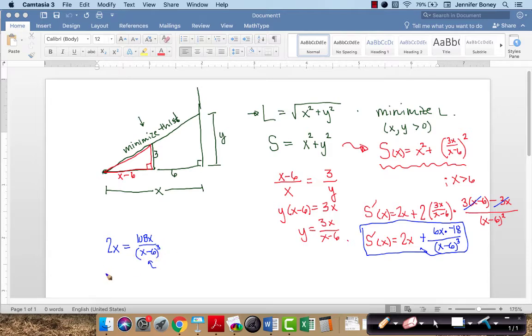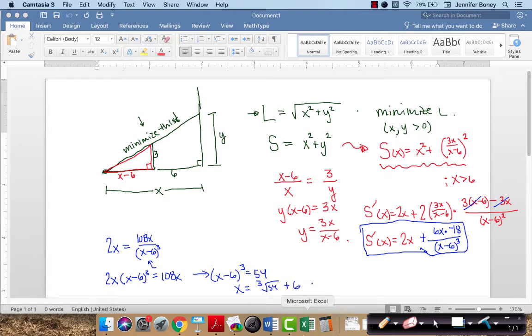You could multiply it across and then divide. Since x can't be 0 anyway, do the same trick as last time. 2x times (x minus 6) cubed equals 108x. Divide both sides by 2x, and we get (x minus 6) cubed equals 54. So to get x, I'm going to take a cube root and then add 6 to both sides. So it's the cube root of 54 plus 6.